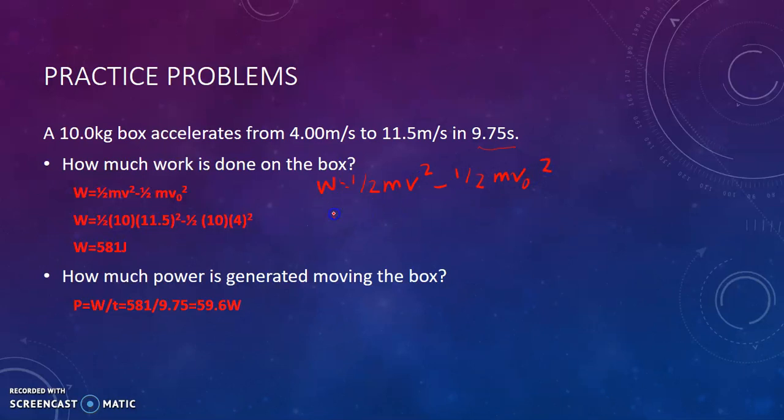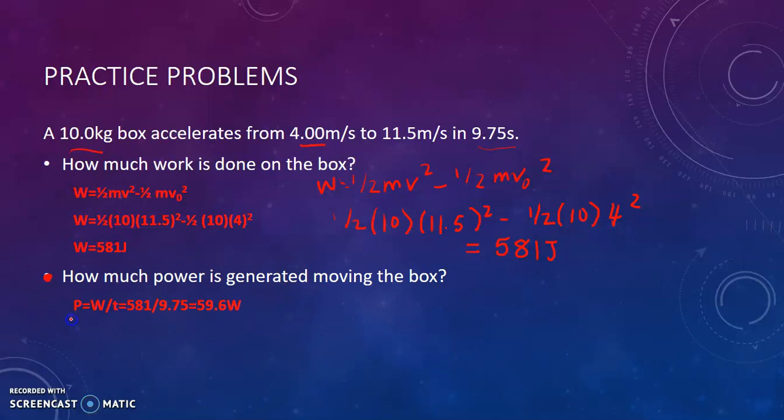We plug in what we know, 1/2 times 10, which is the mass given to us in the problem, times 11.5, which is that final velocity, squared, and then minus 1/2 of the mass, same thing, 10, times that initial velocity, which would be 4, again it's given to us in the problem, squared. We plug that into the calculator and we should get 581 joules.